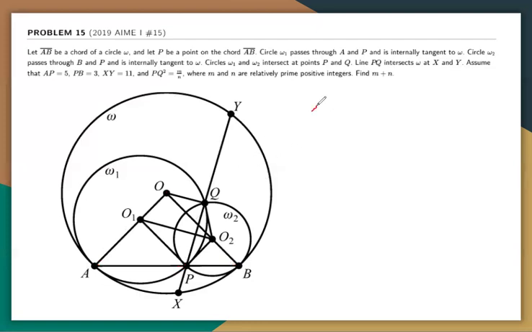The triangle AOB is similar to triangle AO1P, and then PO2B. So that's similar to the triangle PO2B. They are all similar, which is good.